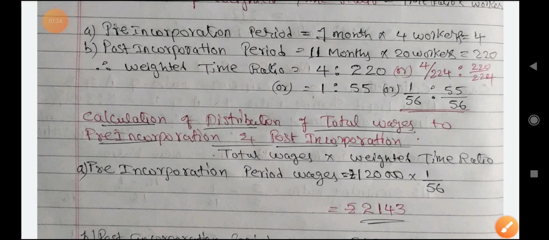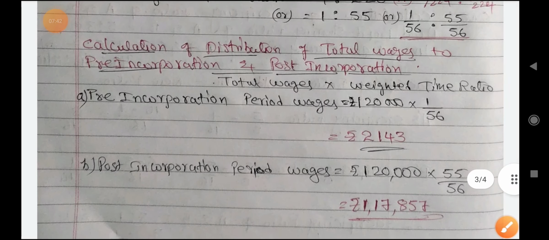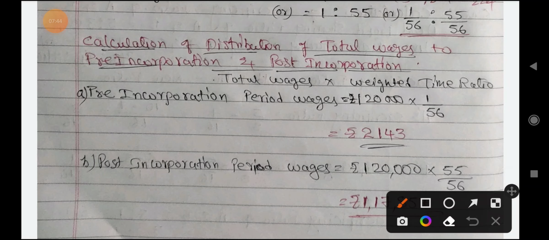So the ratio will be 1:55, 1 plus 55 is 56, so 1/56, 55/56. This is the weighted time ratio. But he asked not only for the weighted time ratio but also to distribute the wages. Calculation of distribution of total wages to pre-incorporation and post-incorporation.